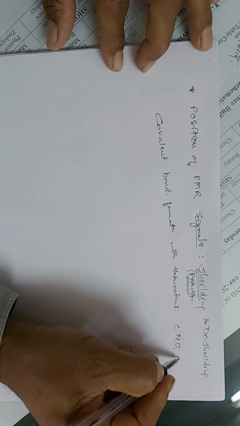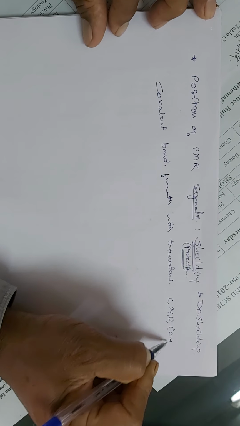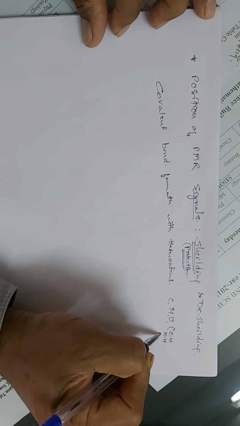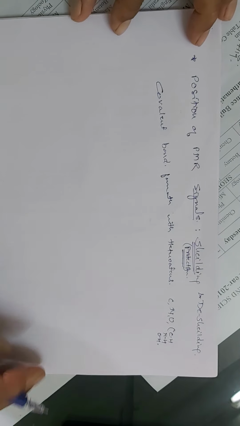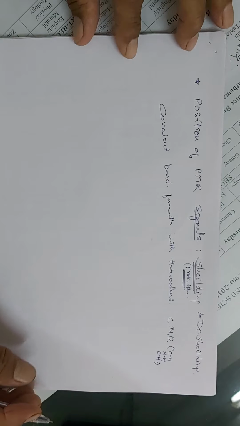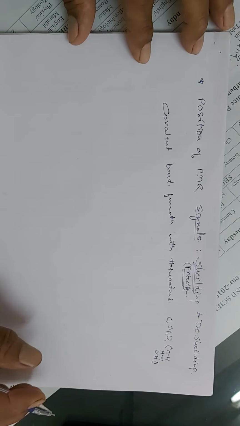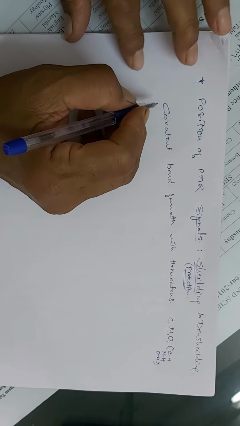And so we get different types of bonds, that is the CH bond, NH bond, OH bond. Meaning the proton, the magnetic nucleus, is involved in bonding, so the proton is always surrounded by the bonding pair of electrons.